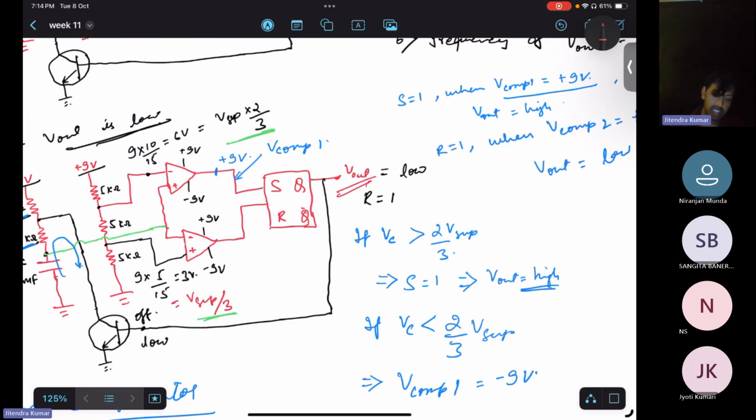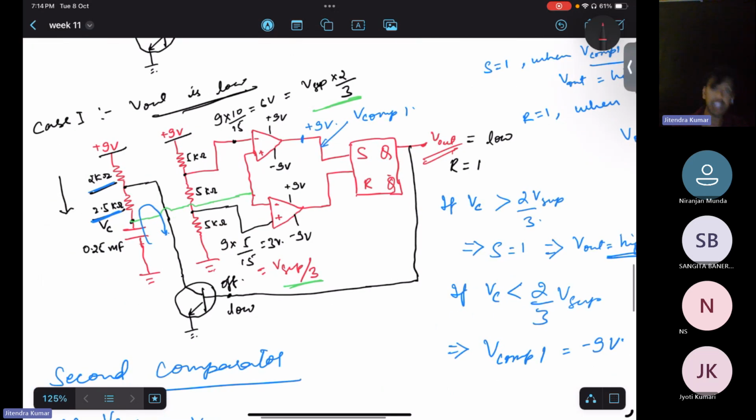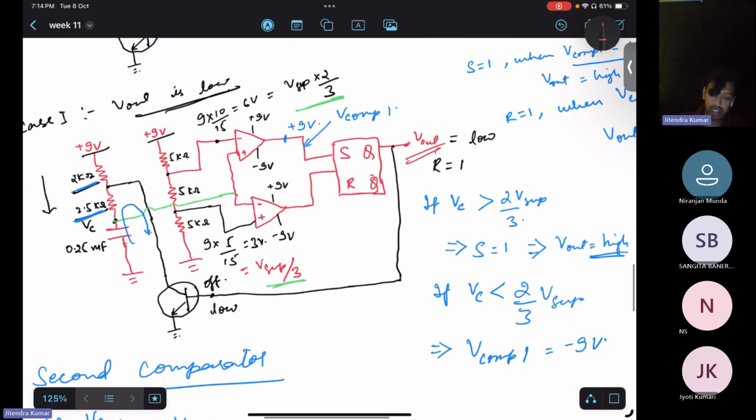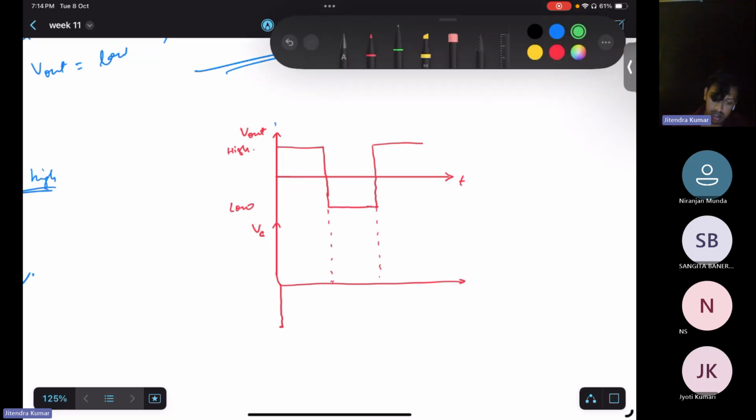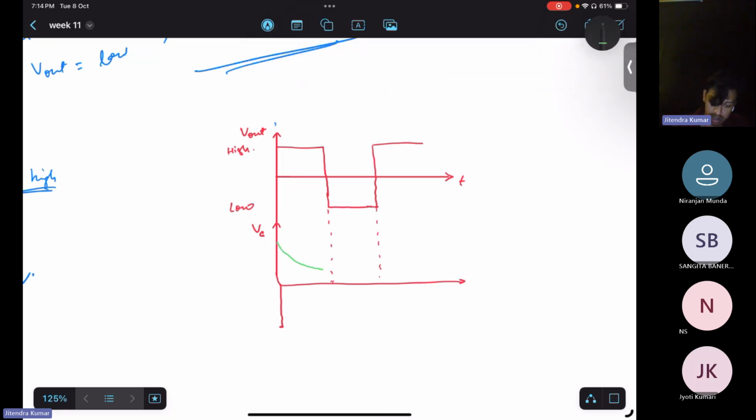Then yes, it is discharging. It will discharge in a certain fashion, with a certain slope, exponentially, because the resistance is connected.